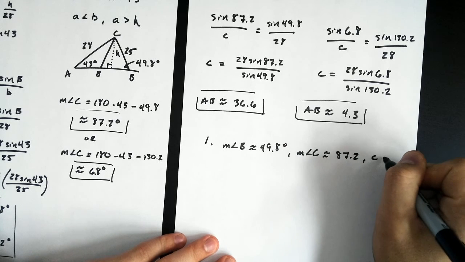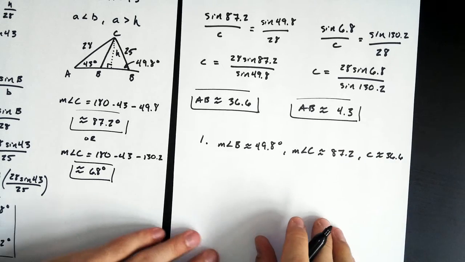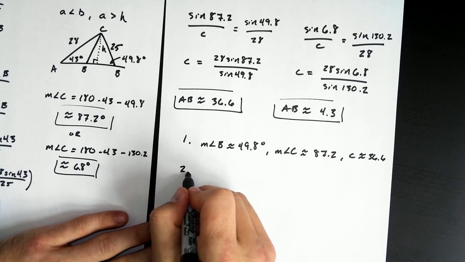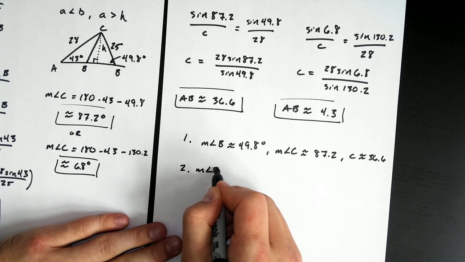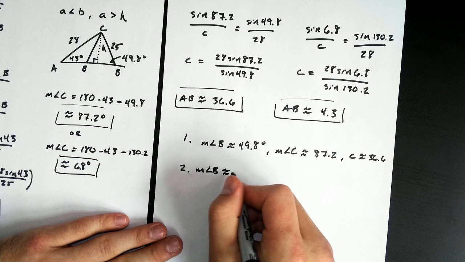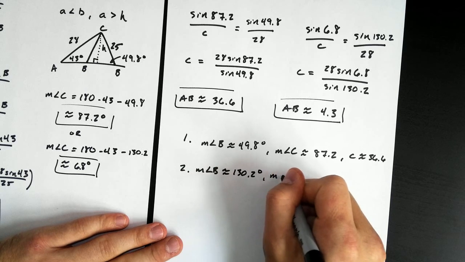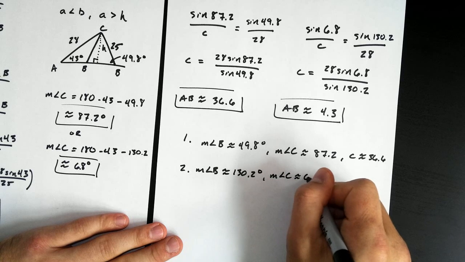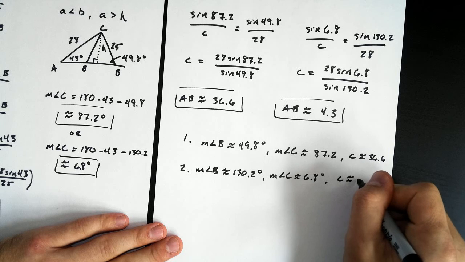And then our last side length was about 36.6. Second possibility for the three missing pieces, the measure of angle B is about 130.2. The measure of angle C is about 6.8. And then the last side was about 4.3.